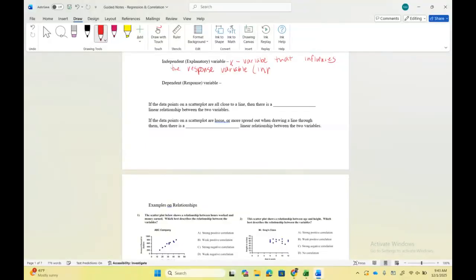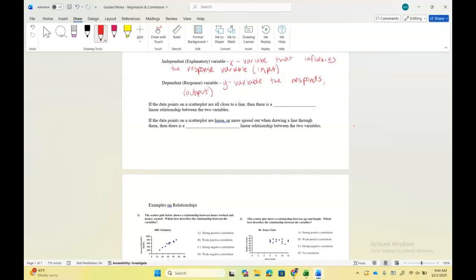Sometimes we call this the input. Okay, the dependent or response variable, this is a y value. Okay, this is the variable that responds or can change based on the input. We sometimes call this an output.